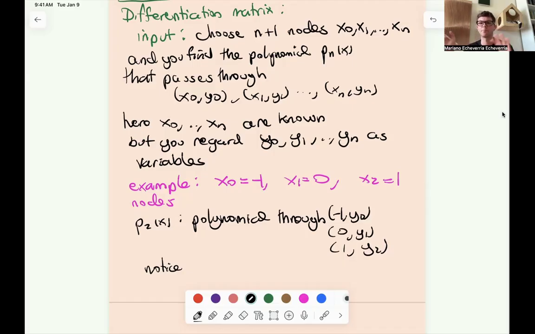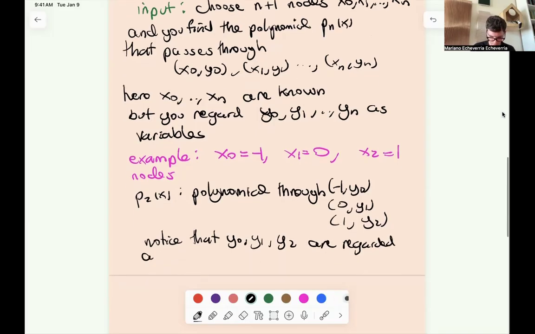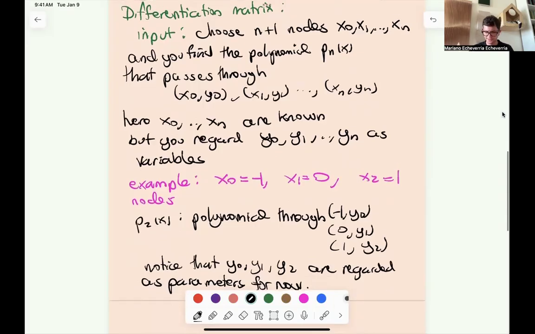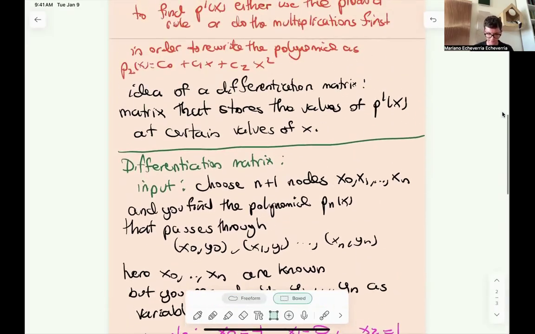So you don't give specific values to them right now. Notice that y0, y1, y2 are regarded as parameters for now. Okay, and so the polynomial is the one that I wrote a bit earlier.